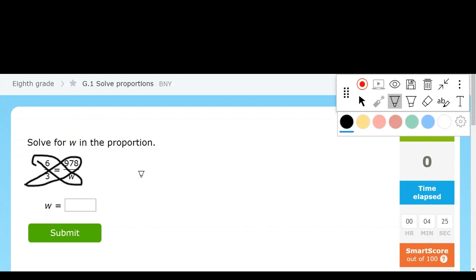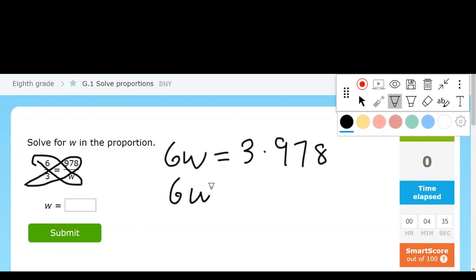So 6 times w is 6w equals 3 times 978. If you multiply it out, 3 times 978, you should get 2,934.